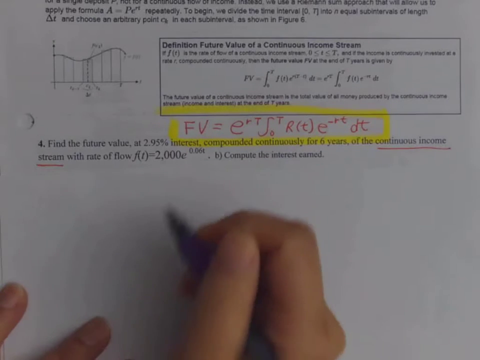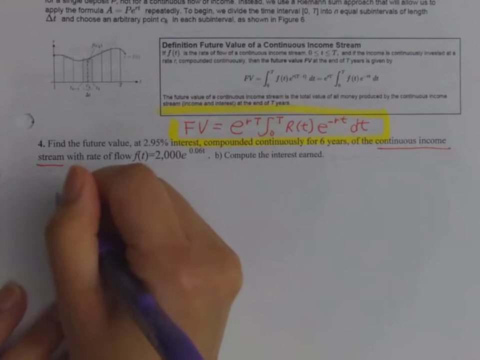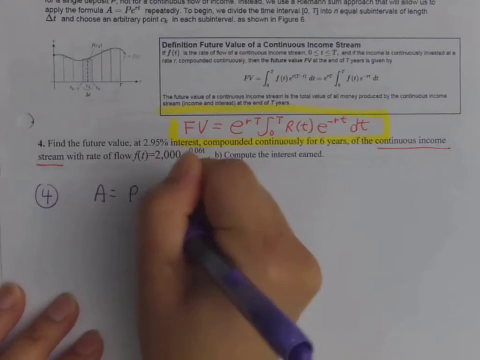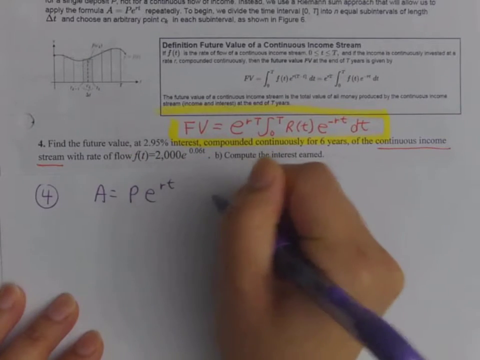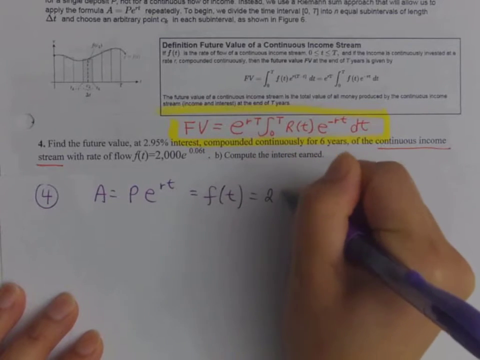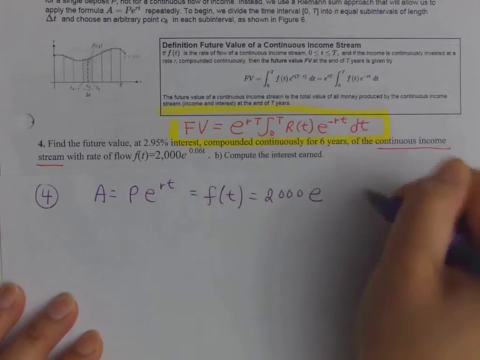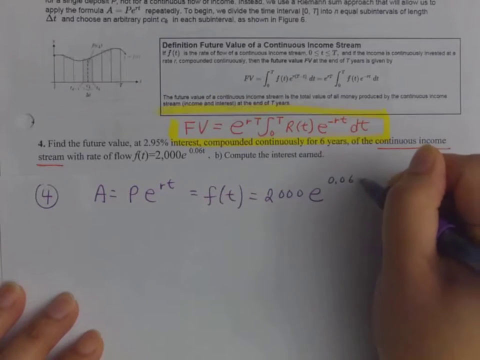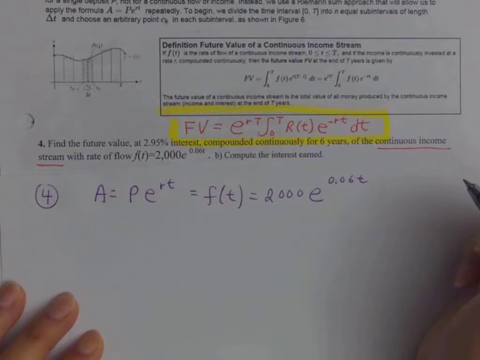So they gave us the function for this, f of t equal to $2,000 e raised to 0.06 t.